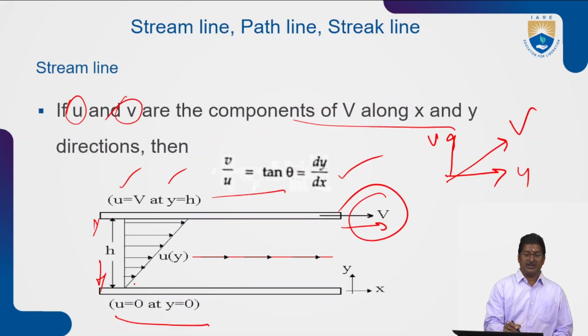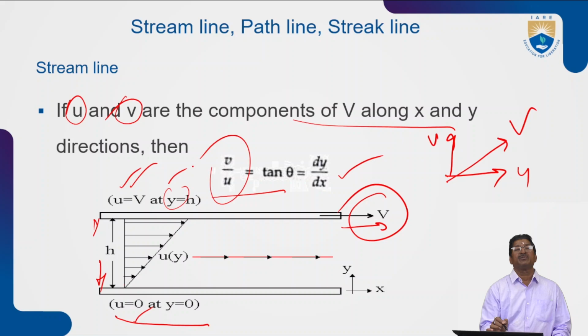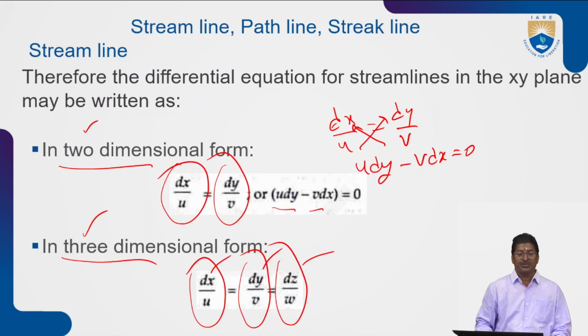So at h is equal to 0, y is equal to 0, u is equal to 0, velocity is 0. At a height of h, y is equal to h, u is equal to capital V here. So small v by small u is equal to tan theta, which is dy by dx. Here the streamlines can be 2-dimensional or 3-dimensional, depending upon the axes. If we consider the x and y axes, that is called 2-dimensional flow.